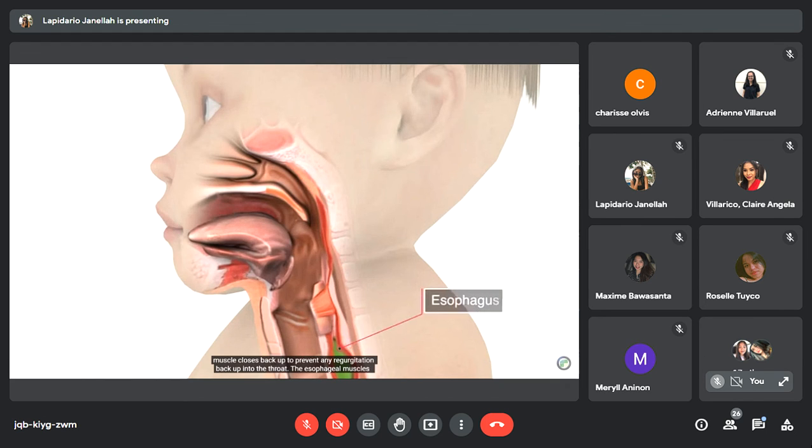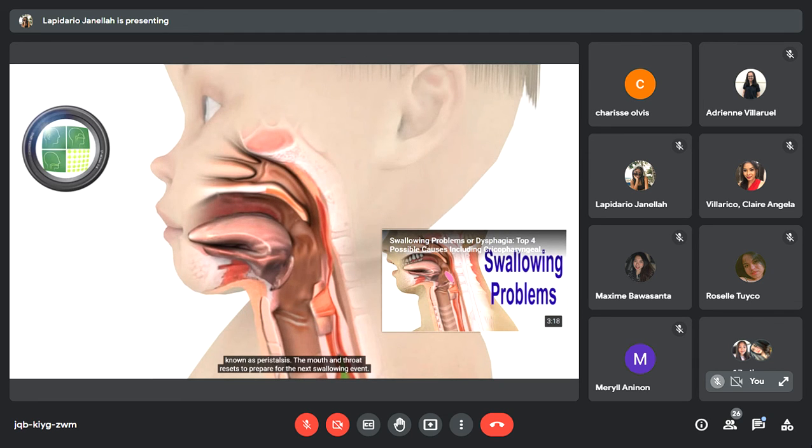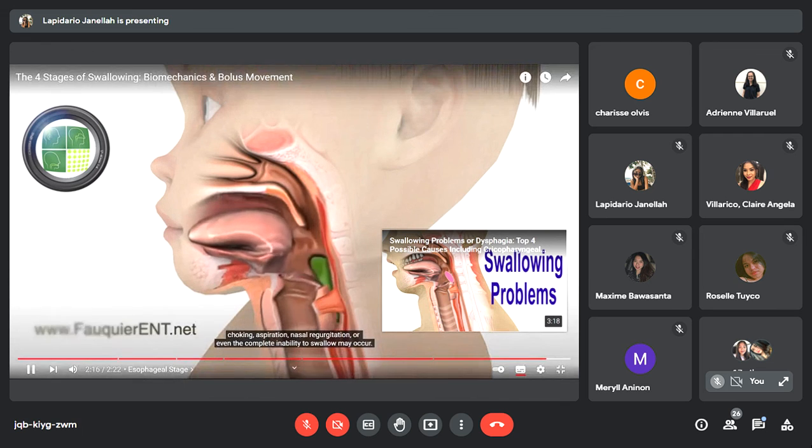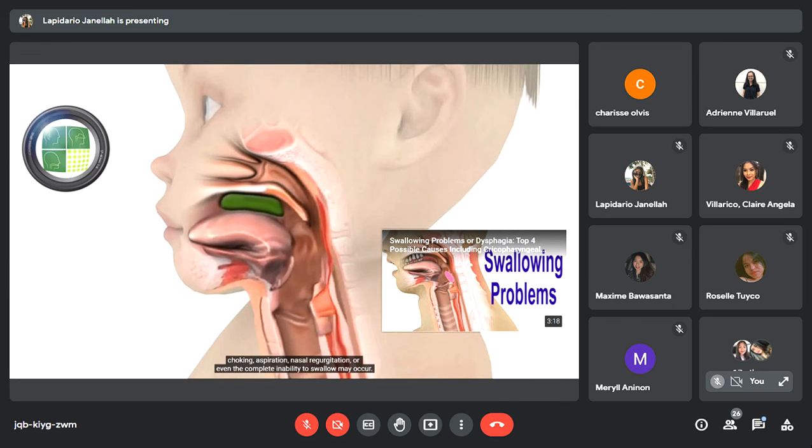The esophageal muscles continue to propel the bolus into the stomach by a coordinated muscle contraction and relaxation known as peristalsis. The mouth and throat resets to prepare for the next swallowing event. Should there be any deficits or coordination problems at any point during the 4 stages of normal swallow, choking, aspiration, nasal regurgitation, or even the complete inability to swallow may occur.